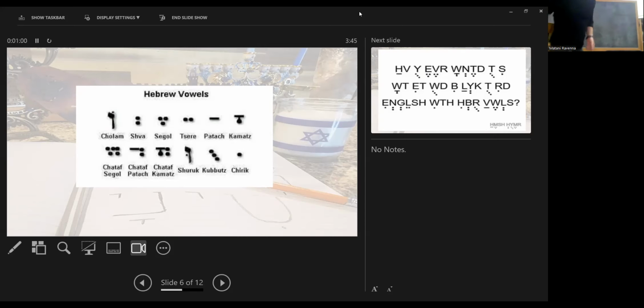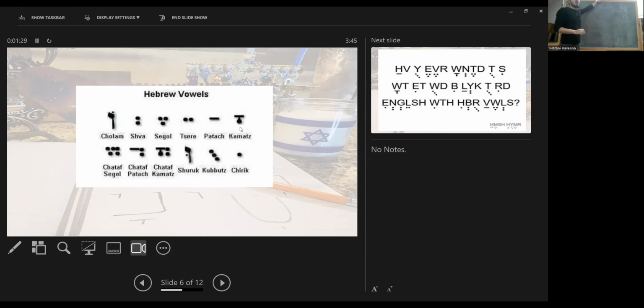I'm gonna start left to right from the top. So with the first one, I'm putting my cursor under it. It's kamatz. I'm making it big on purpose. It's really not that big.